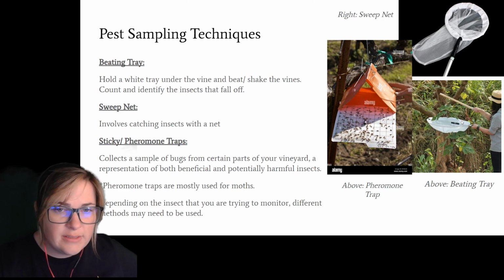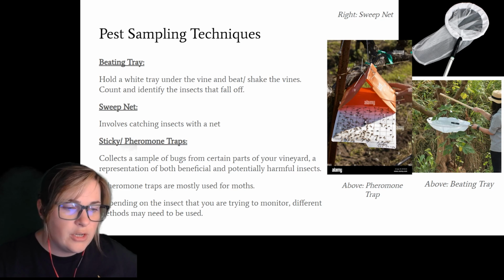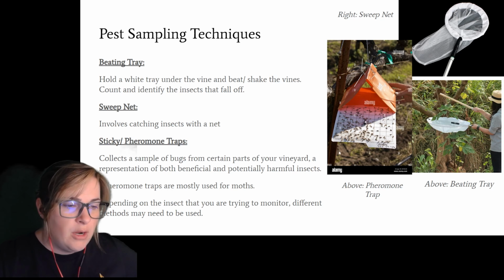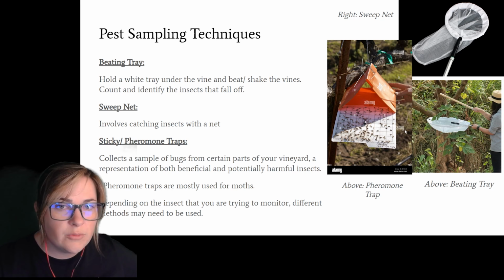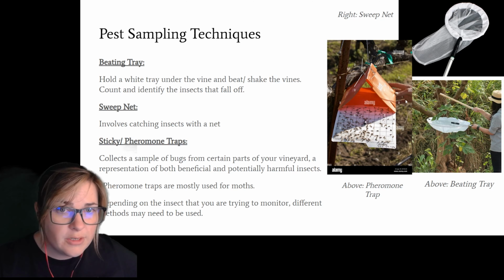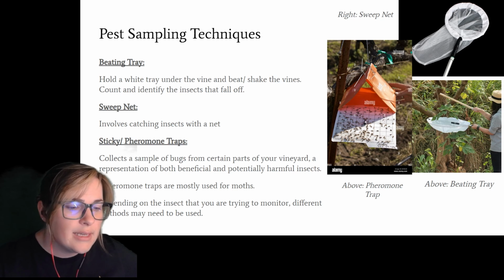It's going to be very hard to see on a black background or anything else. So that could be a tricky little question there about the color of the beating tray. The pheromone traps and sticky traps are just a good way to monitor what's in your vineyard. I could see myself asking a question for how would you suggest monitoring the good and bad insects in your vineyard. That could be a good question.